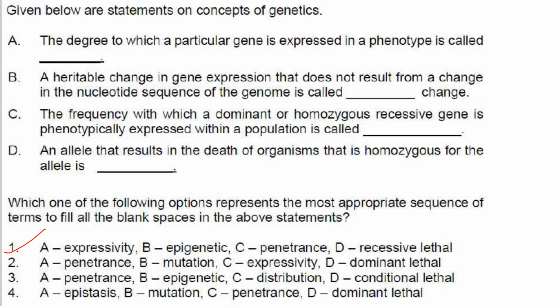The frequency with which a dominant or homozygous recessive gene is phenotypically expressed within a population is called penetrance. An allele that results in the death of an organism that is homozygous for the allele is recessive lethal. So first one is the answer.